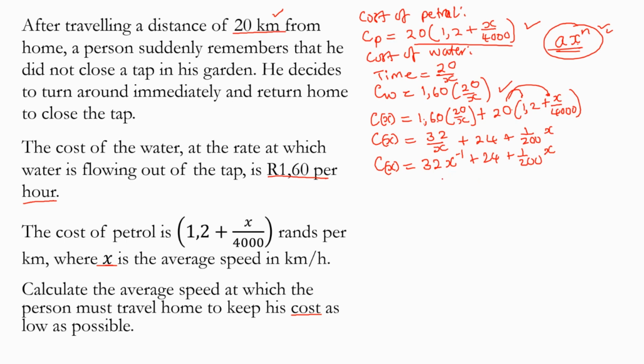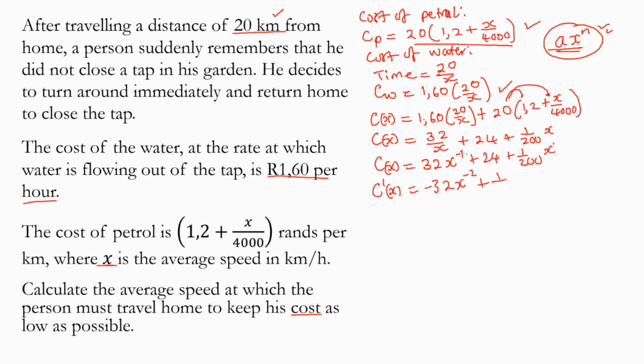Right. Now, can we derive? Yes, we can derive here. Okay, we can find the derivative. So let's find the derivative. C prime of x is equal to negative 1 times 3,200, negative 3,200, x to the power negative 1 minus 1, is negative 2. Then the derivative of a constant is 0. So plus 1 times 1 over 200 is 1 over 200. Then 1 minus 1 is 0.